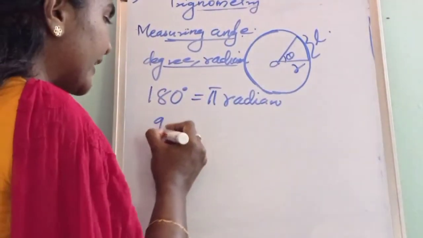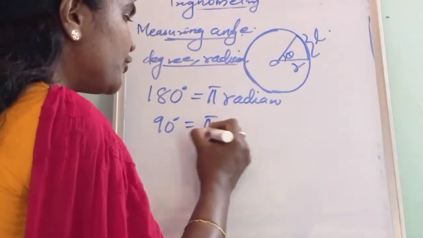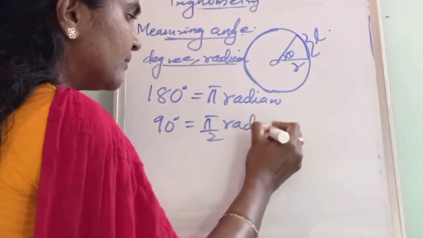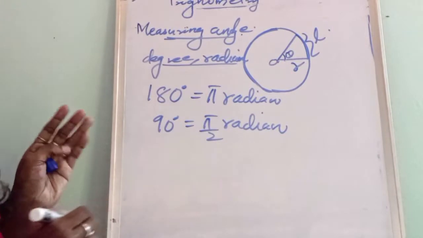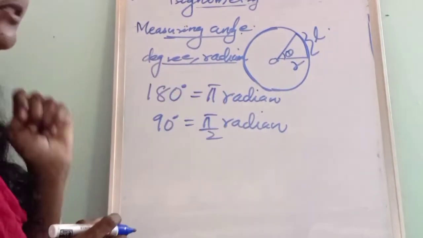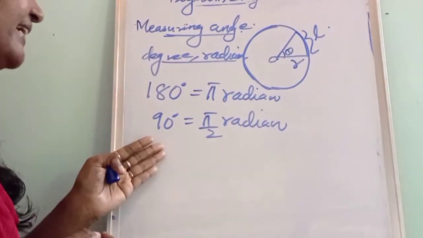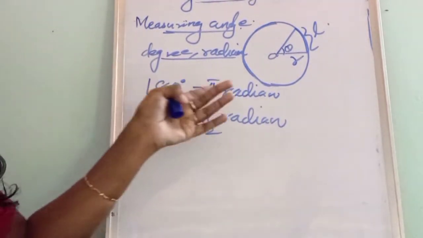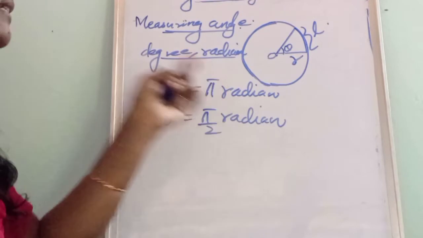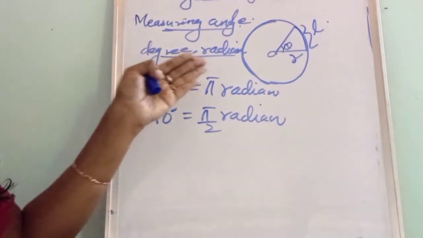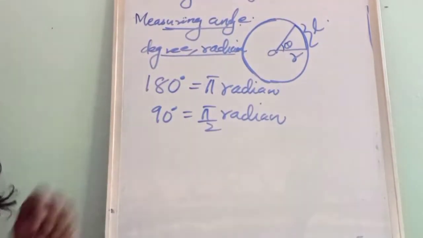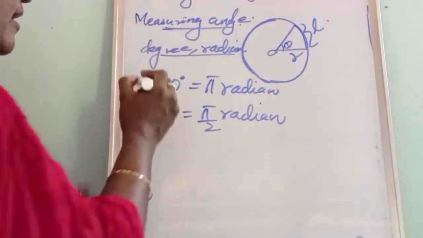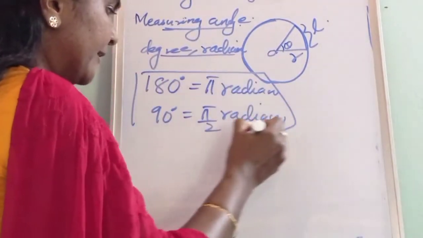So 90 degree corresponds to pi by 2 radian. This is the relation between degree and radian.